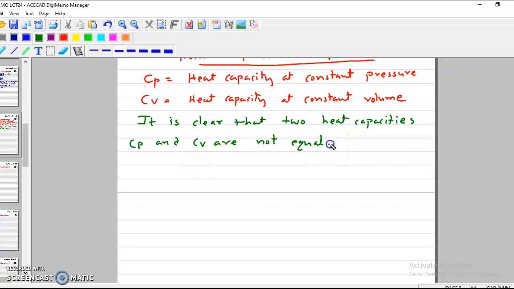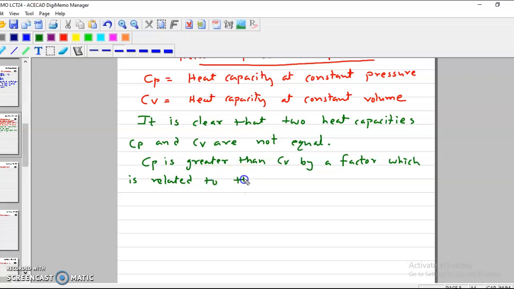Normally we find that Cp is greater than Cv by a factor which is related to the work done.